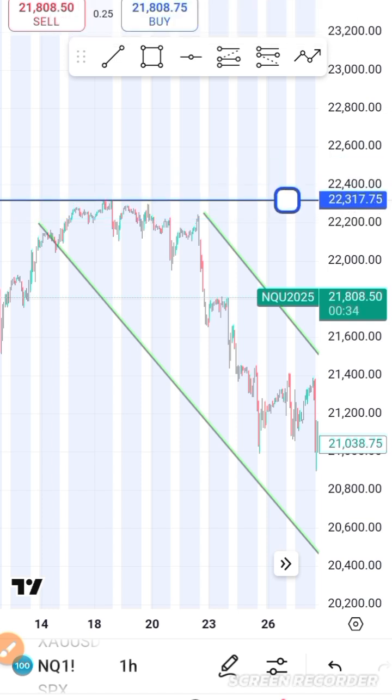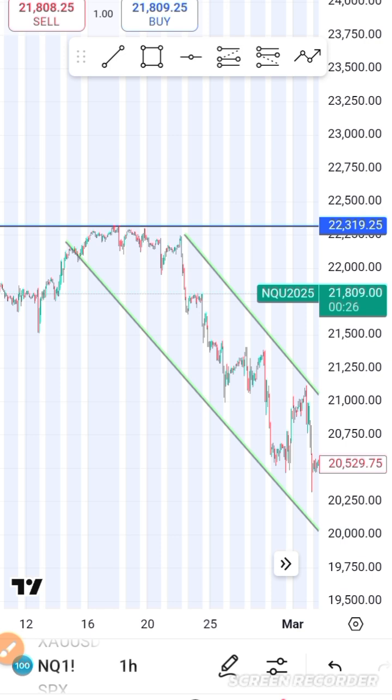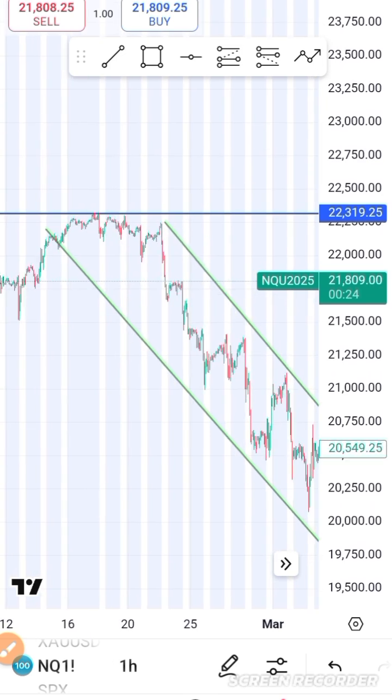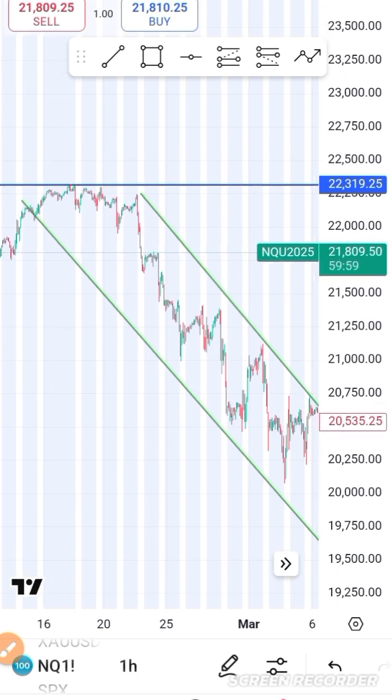I want you to understand something. I want us to see where the market got rejected mostly. Remember that in a downtrend, your bullish reversal turning point can become your support, because the market is now reversing. Where the market reversed in a bullish move, that's your support.